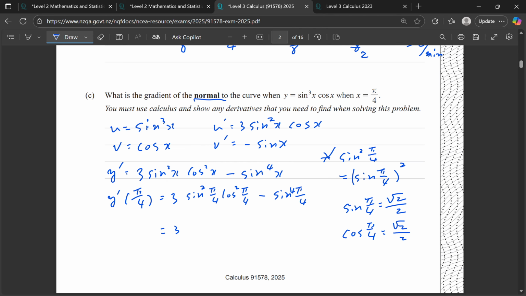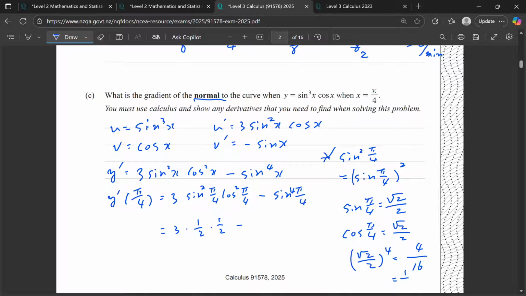If I square this, I get 2 over 4, which is a half, isn't it? And cosine pi over 4 squared as well is a half. And now, if I go square root of 2 over 2 to the power of 4, which is sine pi over 4 to the power of 4, which is 2 to the power of 4 is a 16.